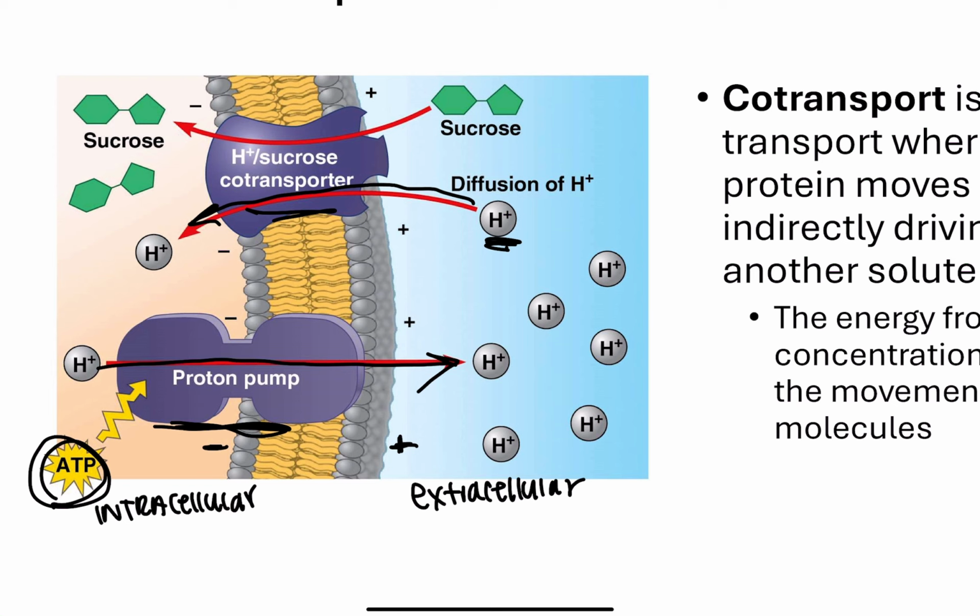And as these hydrogens move back in, sucrose also is going to be transported into the cell against its concentration gradient. And this process indirectly relies on ATP as the proton pump maintains that hydrogen ion gradient that powers co-transport.